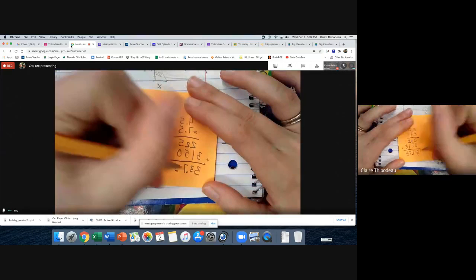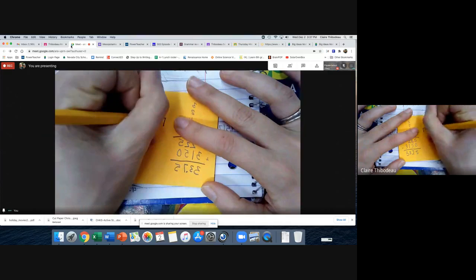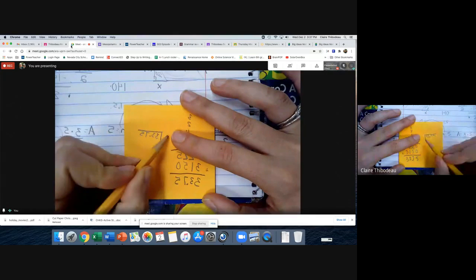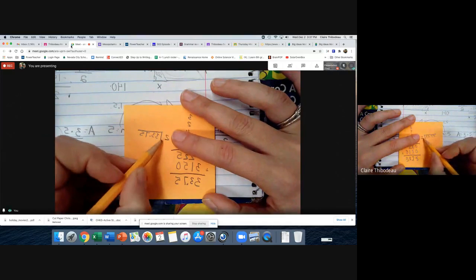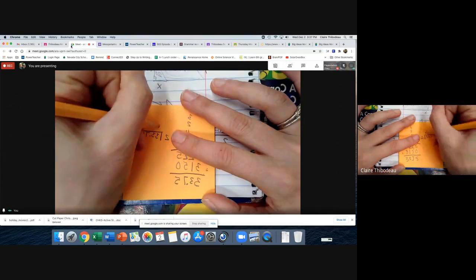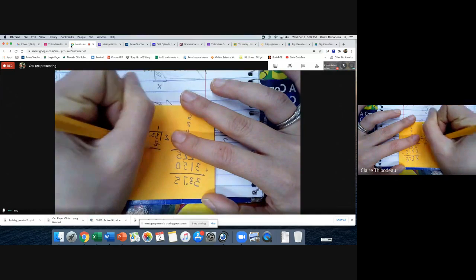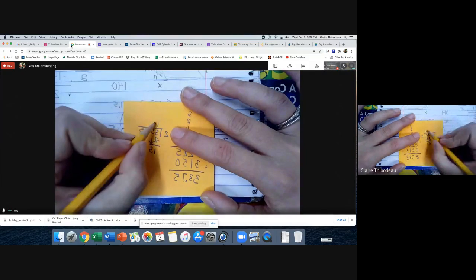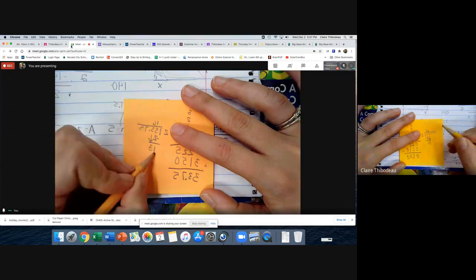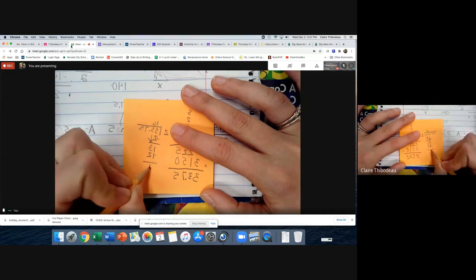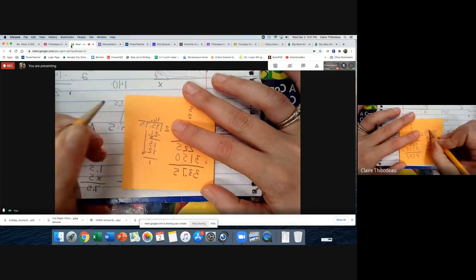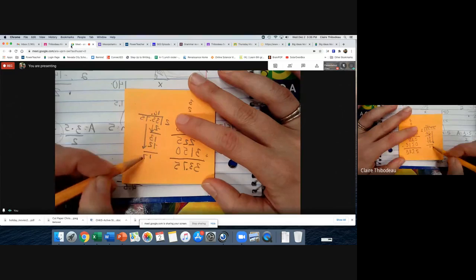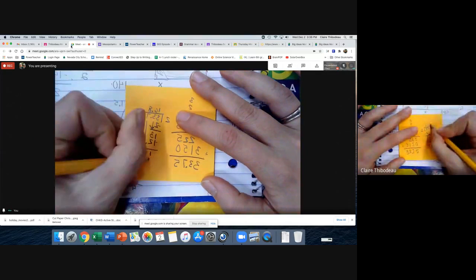Okay. So I'm going to take 33.75 and divide it by 2. So 2 goes into 3 one time. 2 goes into 13 6 times. Put my decimal and bring down the 7. 2 goes into 17 8 times.